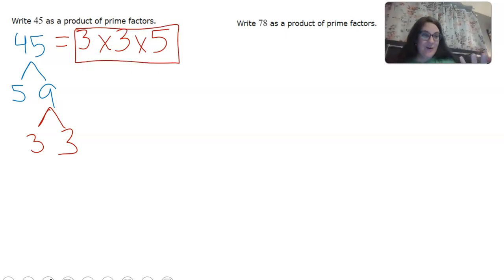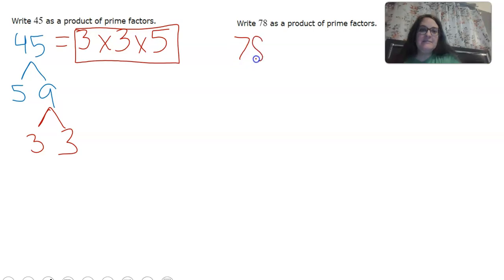So you can start with the easiest one and then still list them from smallest to largest.